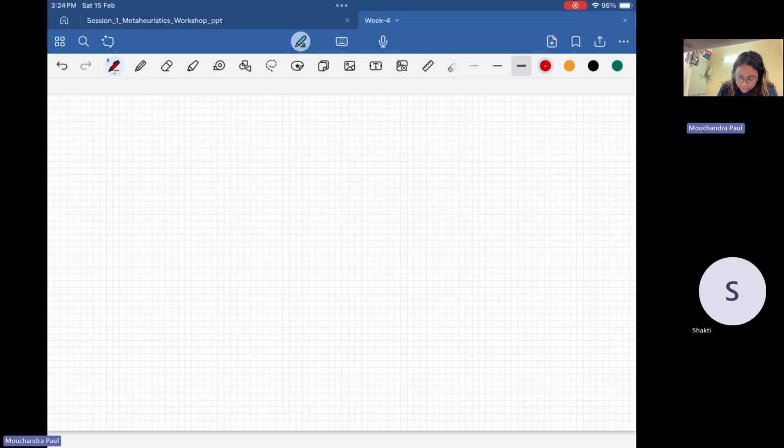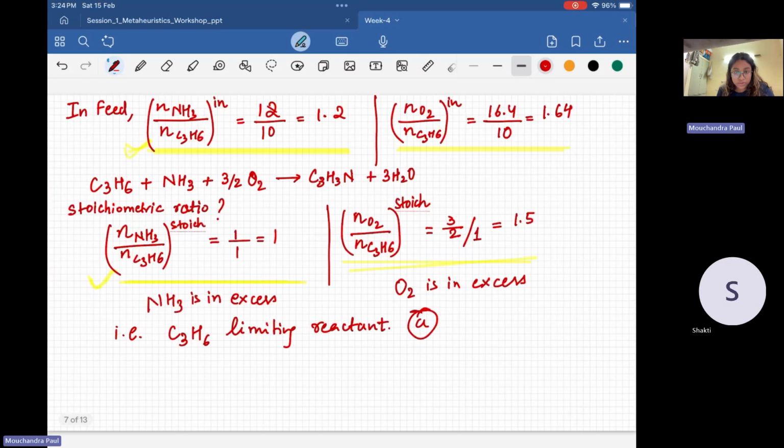So according to stoichiometry, how much ammonia should be there with respect to propylene? It should be 1:1, right?